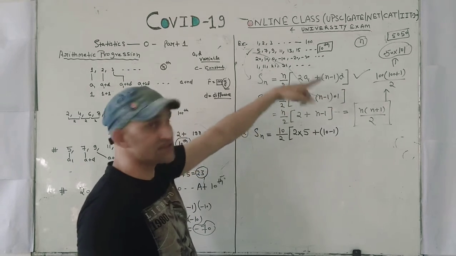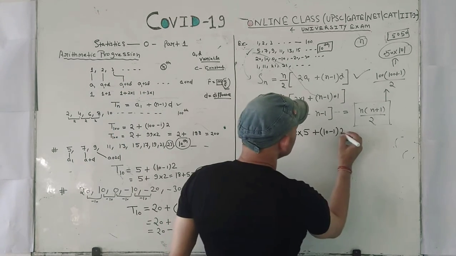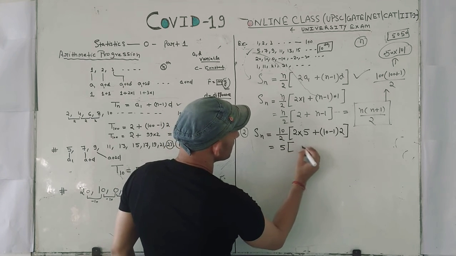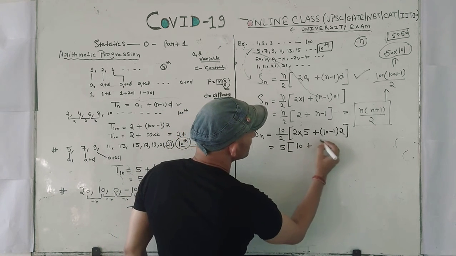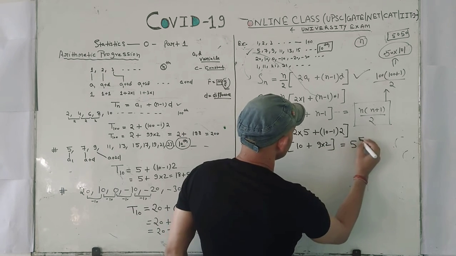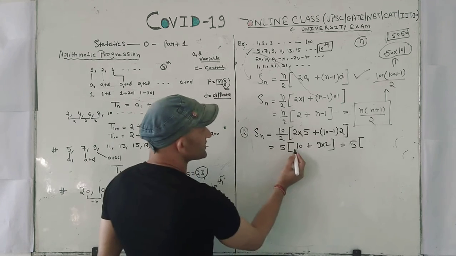Every time it is 2, which means this is an AP, so D will be 2. In this condition, 2 into 5 is 10, plus 10 minus 1, which is 9, into 2. 9 times 2 is 18, and 18 plus 10 is equal to 28.